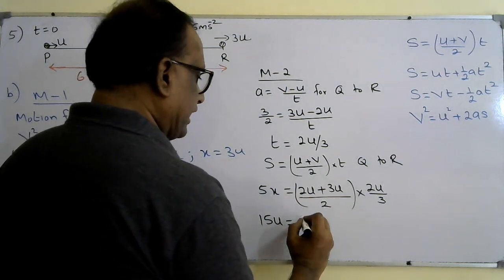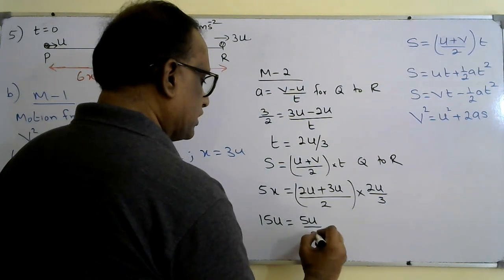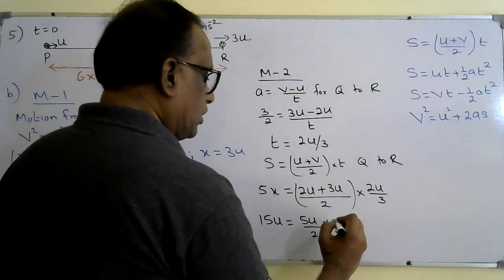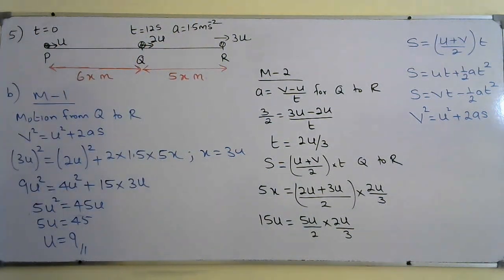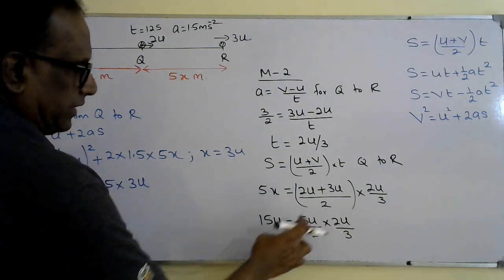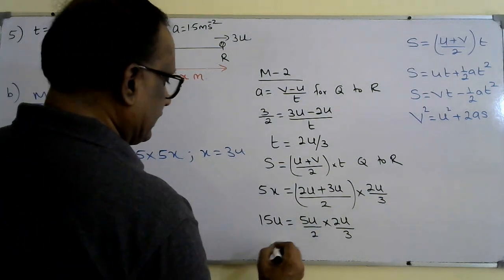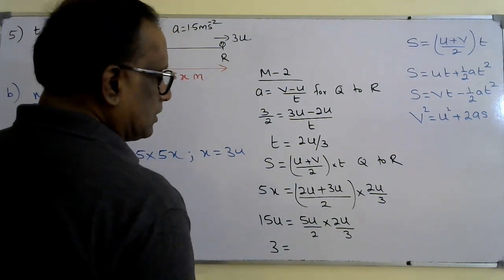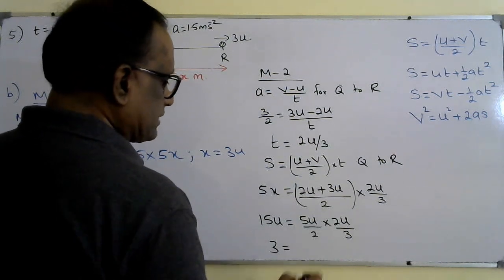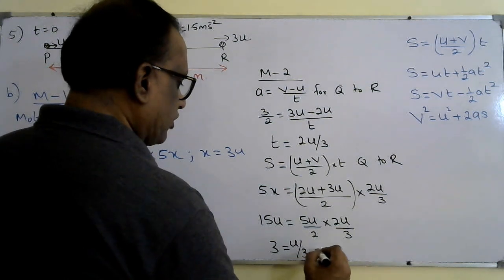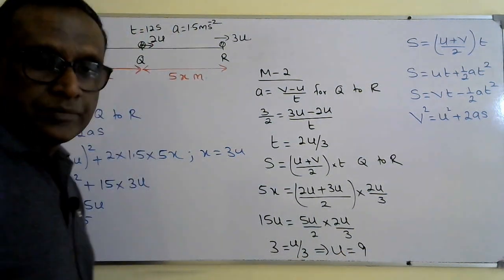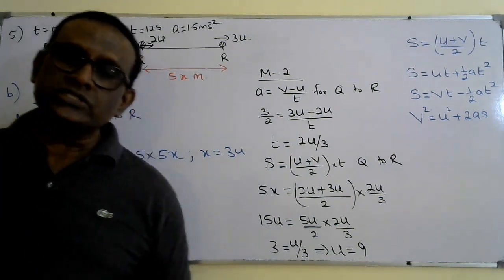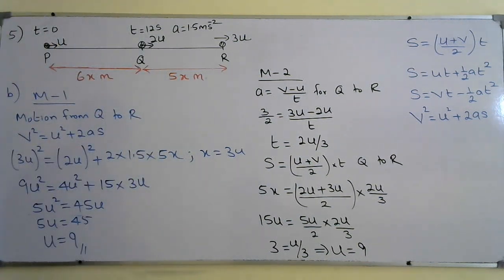So 2 plus 3, 5u over 2 into 2u over 3. Here 15u and 5u get cancelled and it becomes 3, and 2 and 2 get cancelled. From this, u is equal to 9. Anyway, you'll get the same answer. Whatever the method or equation you use, the answer will be the same.